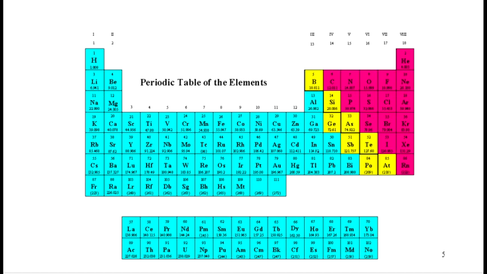Metals are placed on the left side and the middle of the periodic table. We call them metals. I'm sure you remember that we call this group of elements main metals, and nonmetals are placed on the right side of the periodic table.